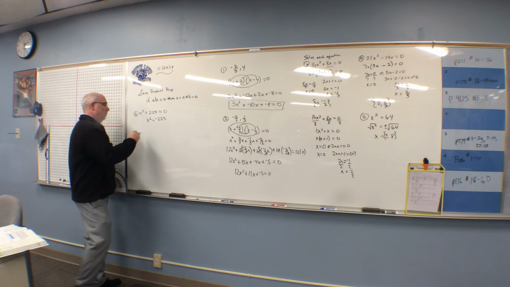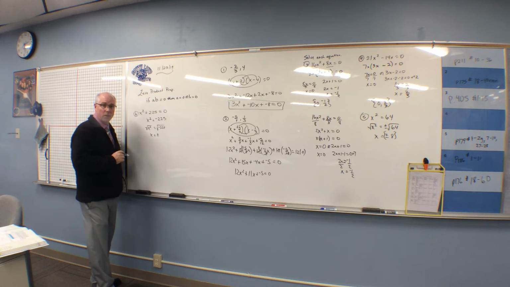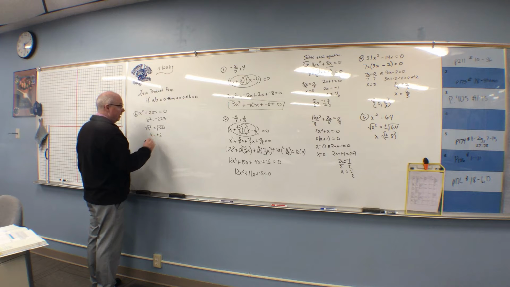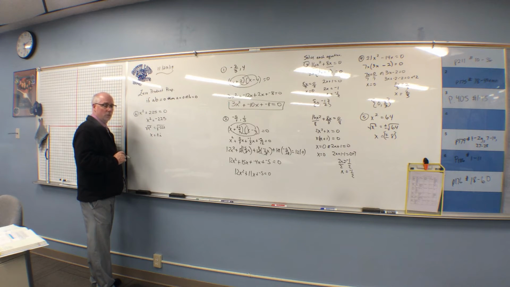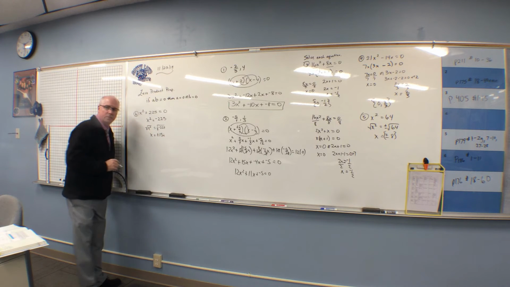Okay. And so I take the square root of both sides. I get x equals plus or minus the square root of negative 225, and the square root of negative 1 is i. We poke an eye out. What's the square root of 225? 25? Yeah. Actually comes out even. I believe it's 15i, isn't it?